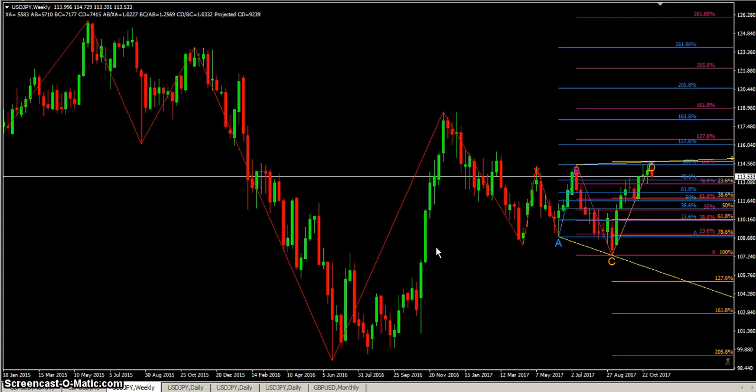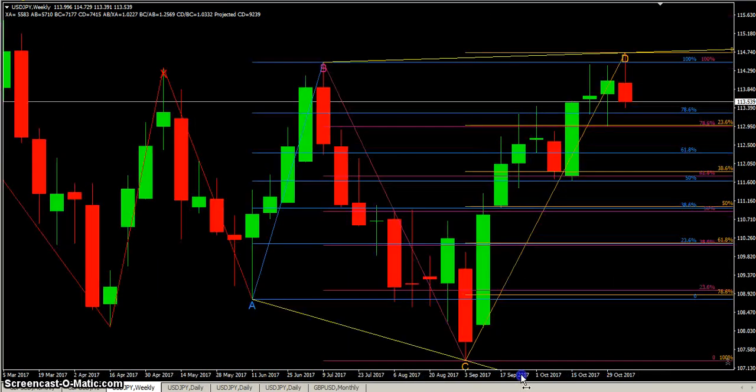Okay, explain this indicator. Well, I think this is one of those ones that deals with waves. You've got A, B, C, D, and once again, it just plots the fibs for those distances. So you can see A to B is blue, B to C is, I guess that's magenta, and then C to D is in yellow.